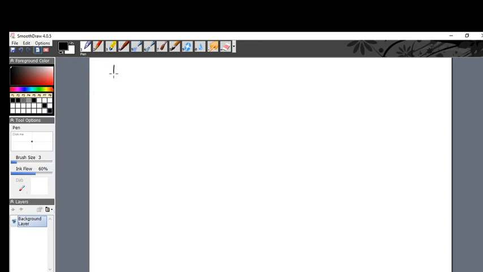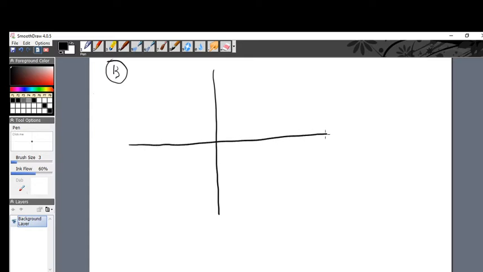Problem number 13. I've got to do one of my diagrams, one of my graphs, and they're never very good, but we'll try. Over here, I go 5 to the left, minus 5. 1, 2, 3, 4, 5. There's minus 5 right there.